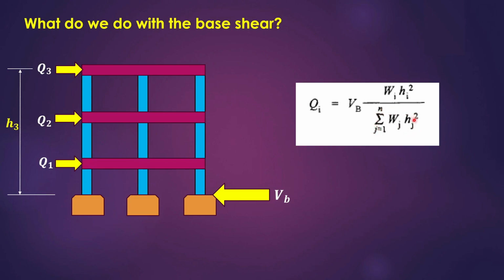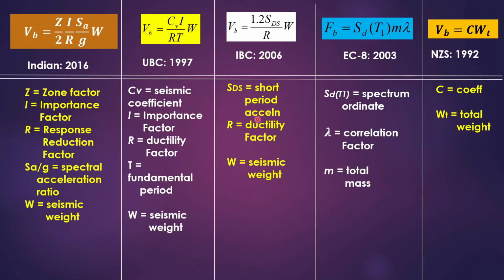After you compute this, it becomes a constant, and what varies from floor to floor for Qi is the weight at that floor Wi and Hi square, multiplied by the base shear and this constant value in the denominator. However, in this video we are not interested in the distribution of the base shear, but in how the formula has been arrived at, which we are discussing.